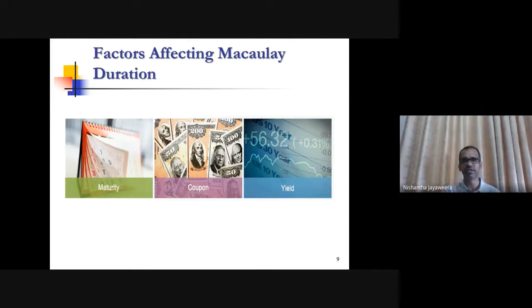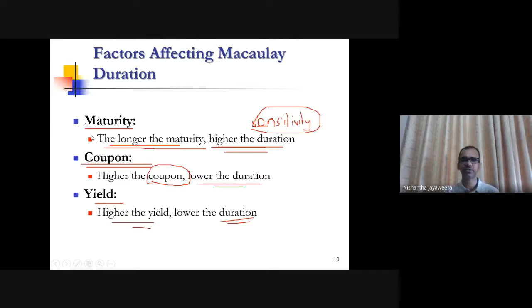When the maturity is high, duration is high; coupon is high, duration is low; yield high, duration is low. That means sensitivity is low. So these are the key relationships between duration and maturity, duration and coupon, and duration and yield.